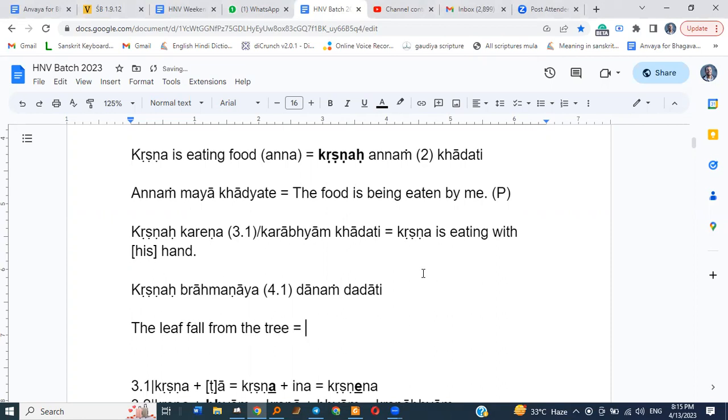What is the source of the leaf falling? That's the tree here. So the tree will take Panchami. Vrikshat Phalam Patati, quite a basic example. So not the Phala, Patram. So Vrikshat is the source. So from the tree, the leaf is falling.